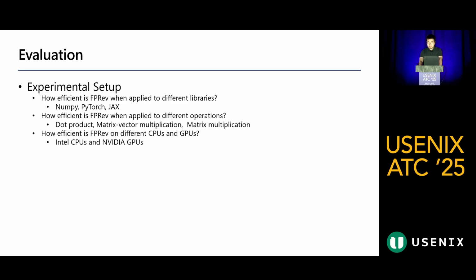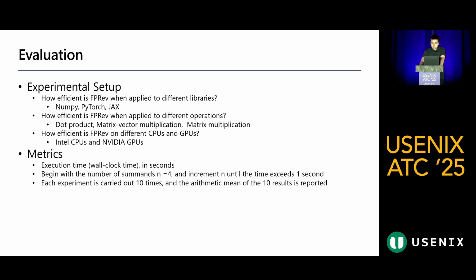Second, we examine how it performs across different types of operations, including dot product, matrix vector multiplication, and matrix multiplication. Third, we investigate how FPRev performs on different hardware, especially on Intel CPUs and NVIDIA GPUs. As for metrics, we measure the execution time, the workload time.